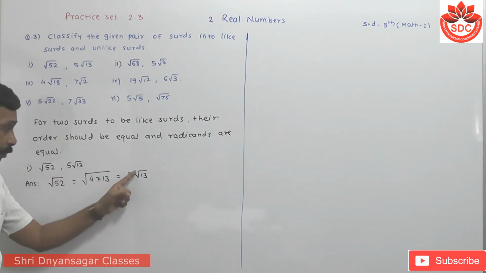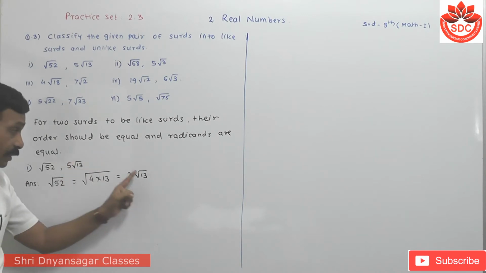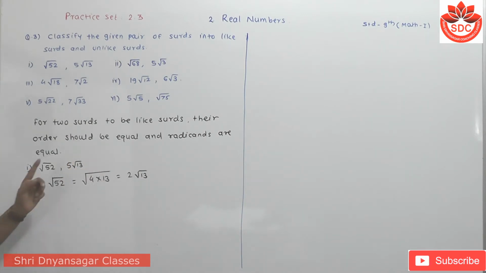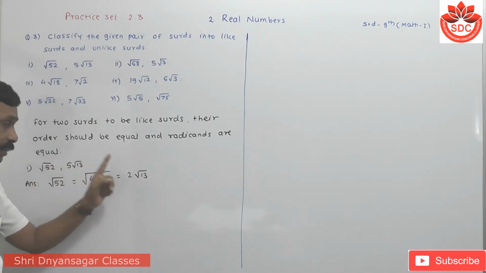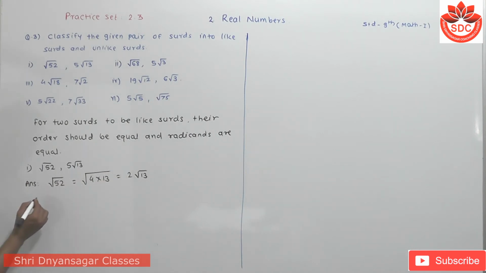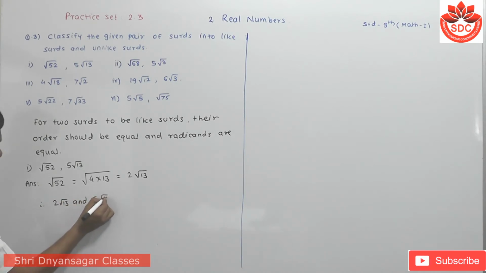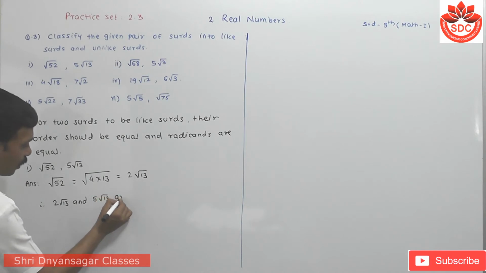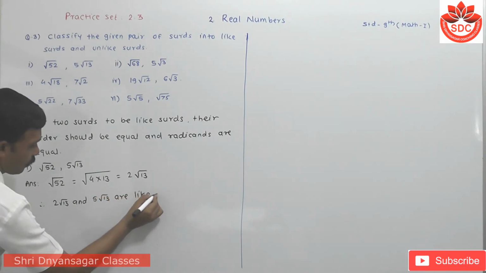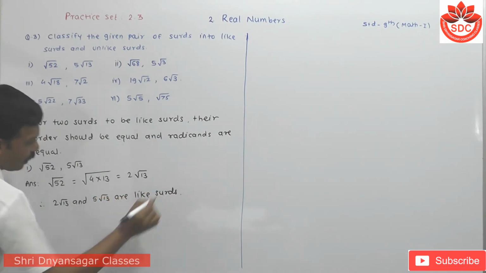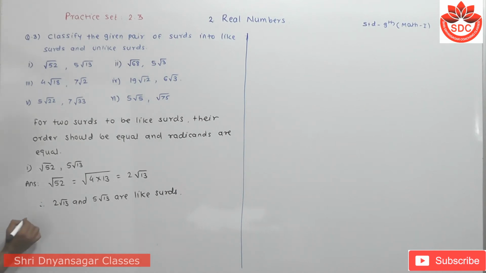Here the order is same, order is 2 and radicand is also same. Means that here order is equal and radicand is also equal. Therefore 2 root of 13 and 5 root of 13 are like surds. Can you understand this?